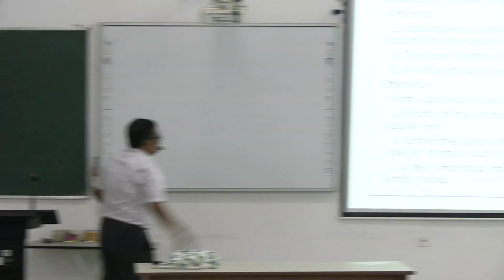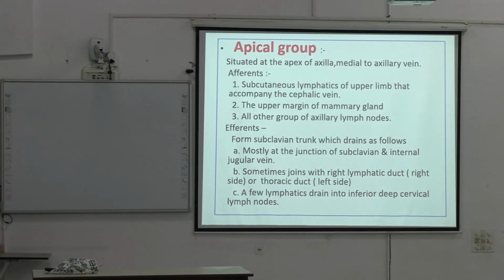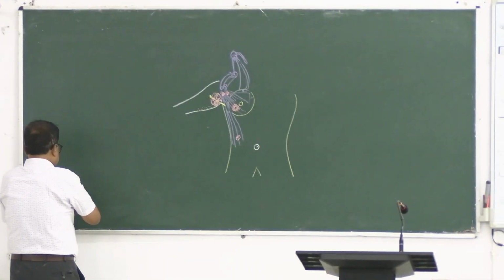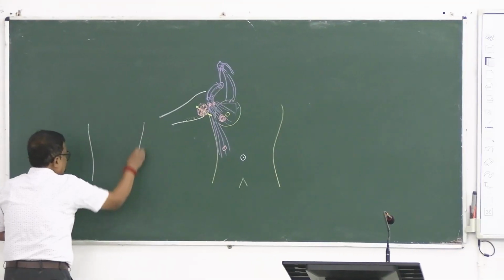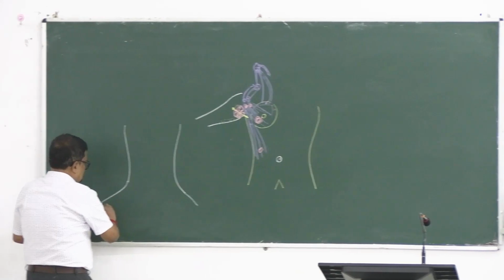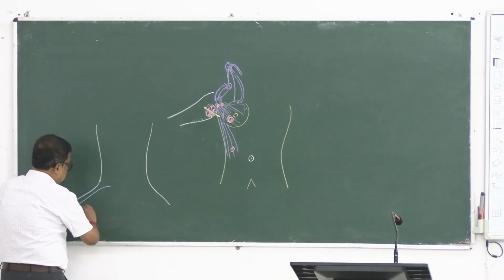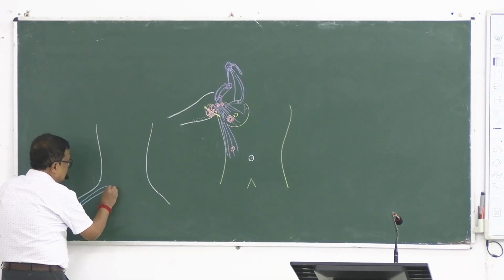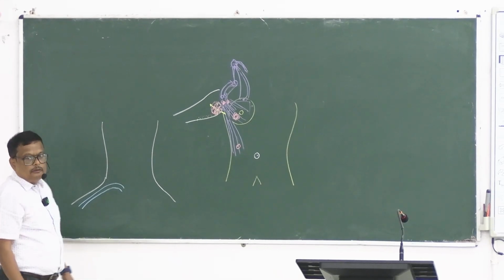And here in the neck area, the axillary vein ultimately becomes the subclavian vein.